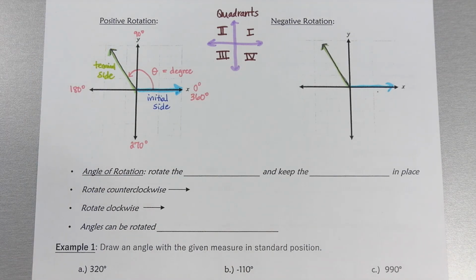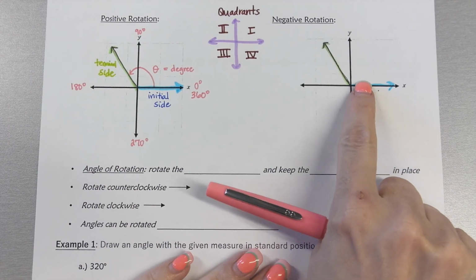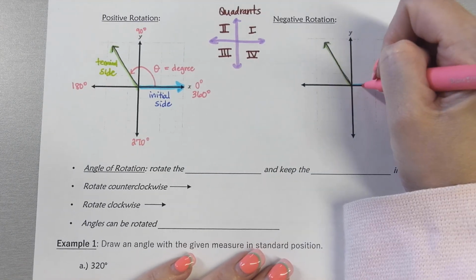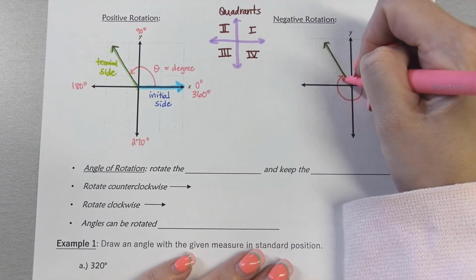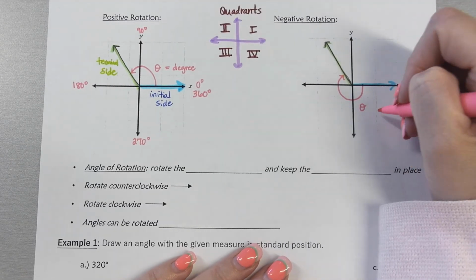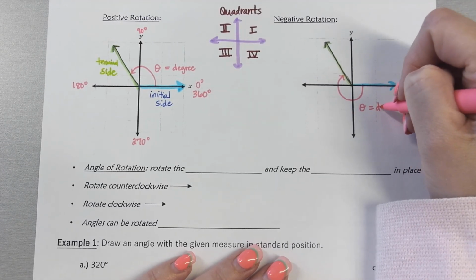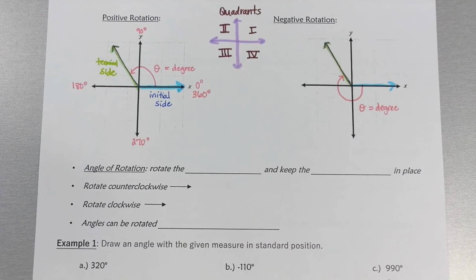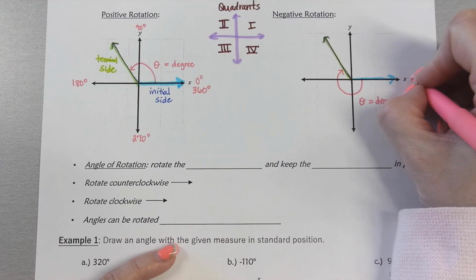Okay, now before, theta started at 0 and went counterclockwise. Now we're going to start at 0 and go clockwise. So your theta is still in degrees, but this would have a negative value. So when you're labeling these, it is very similar.